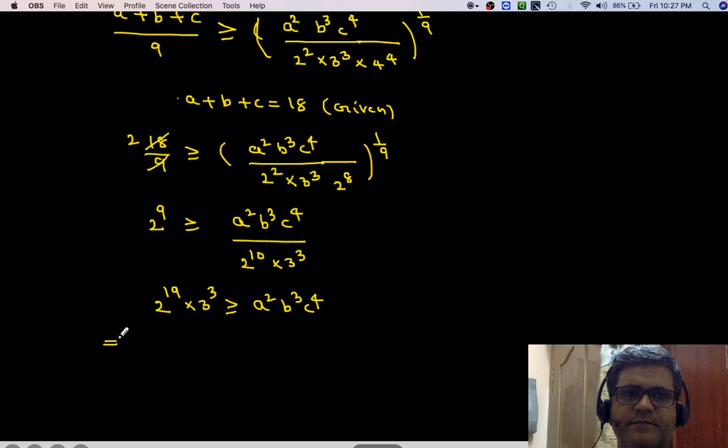This implies a square b cube c power 4 is less than or equal to 2 power 19 into 3 power 3.